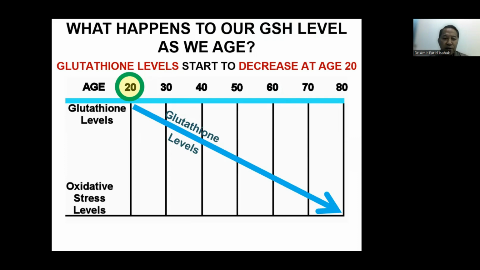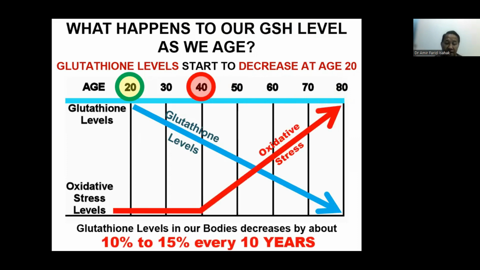But unfortunately, we also know that as part of our aging process, our production and therefore level of glutathione goes down after age 20. As we age, the level goes down by about 10 to 15% every decade, then we're going to be significantly troubled by the lack of glutathione, and the liver will be among the first organs to suffer.